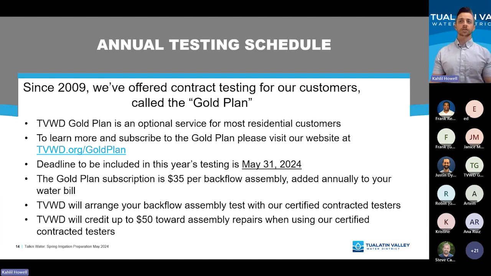And then we arrange your testing through our contracted backflow testers. If the backflow assembly were to fail or need any maintenance, we credit you $50 towards that annual test. That was pretty brief. If you have more questions about the assembly functionality or annual testing, please add those to the chat. But with that, I'm going to give it back to Steve.